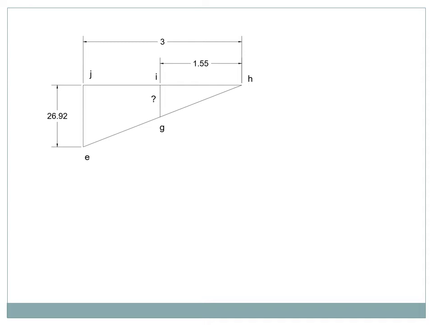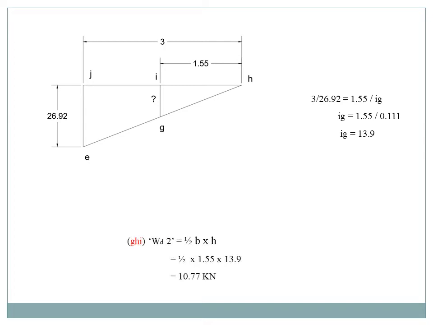Up to 3 meter the height is 26.92, and up to 1.55 meter, what is IG? It's simple: 3 by 26.92 is equal to 1.55 divided by IG. So IG is equal to 1.55 divided by 0.111, and we got IG equal to 13.9 meter.